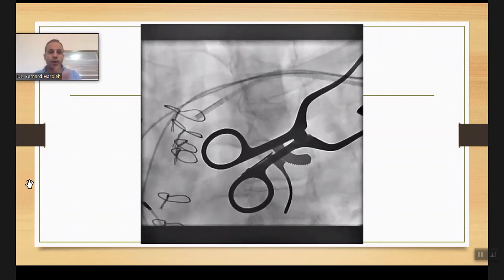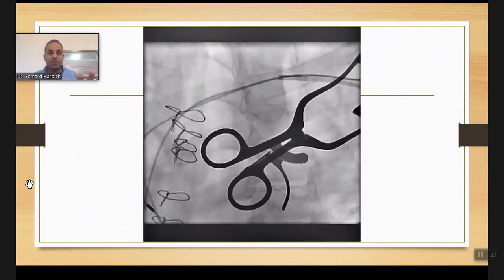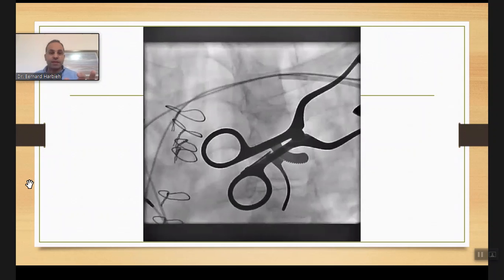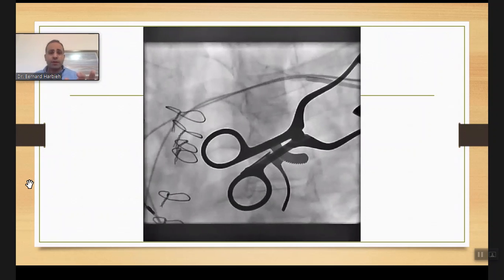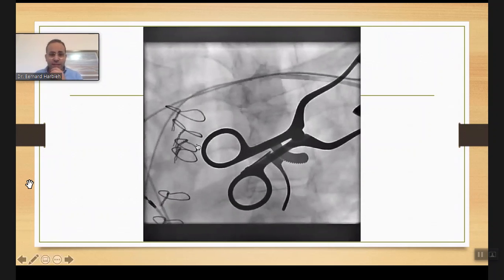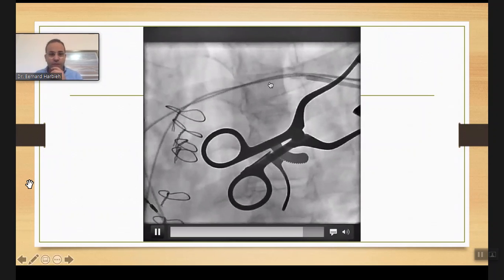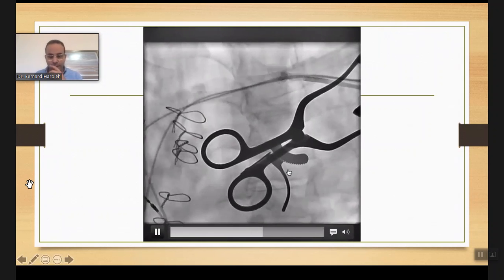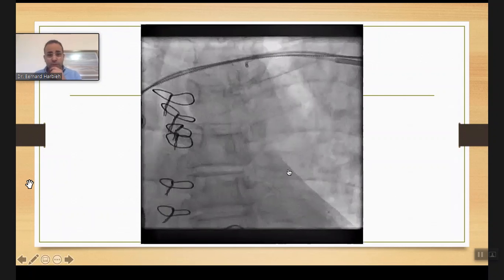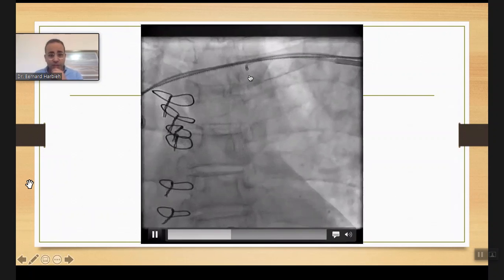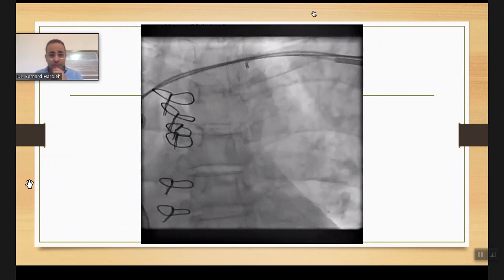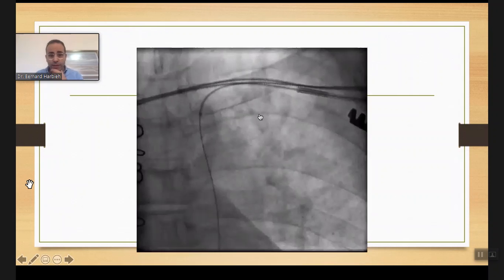So we went all the way back up and we started injecting the vein. You can see here, when injecting, we have a whiff of contrast going this way down. Once we advanced the inner catheter and injected, you can see that we have contrast going all the way down here.